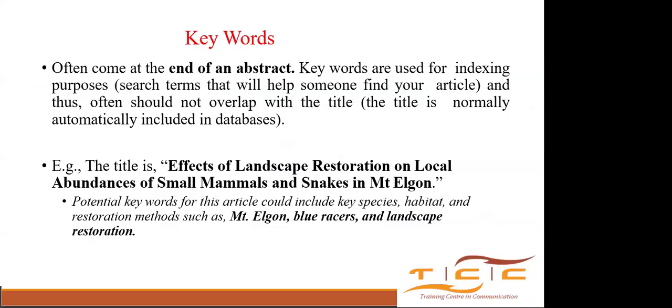Then at the end of the abstract, there is always the keywords. I think I'm not talking about this again. I've talked about the keywords. Keywords are mostly used for indexing. And some people say that you can borrow a lot from the title, but the title is already going to be in the index. The title is automatically going to be included in the database. So if you want to expand the reach and the visibility of your paper, you need to think about other keywords that are within the paper that maybe are not essentially in the title.